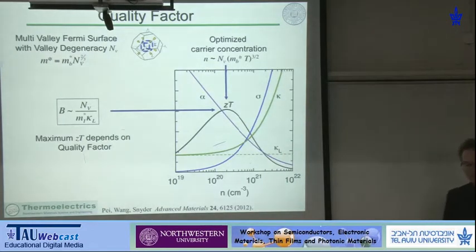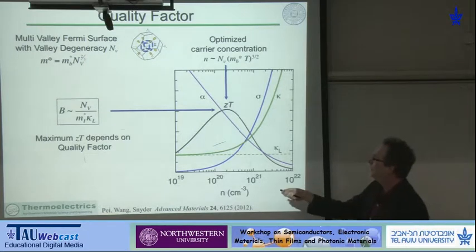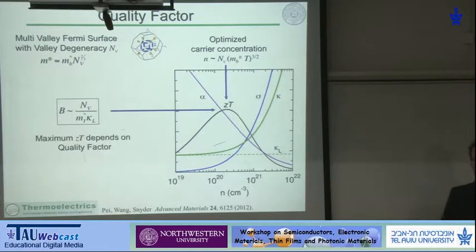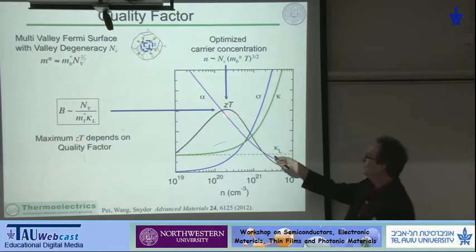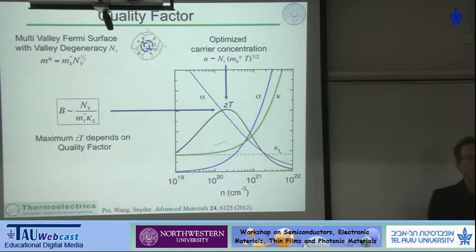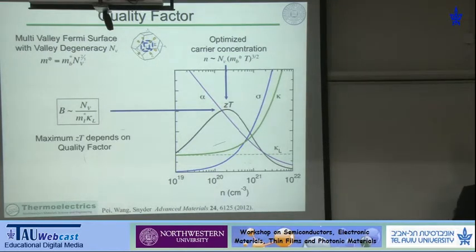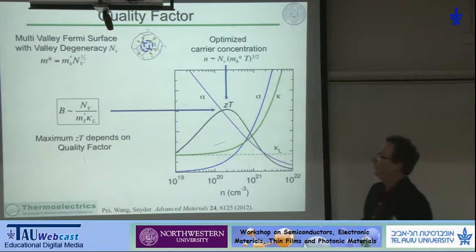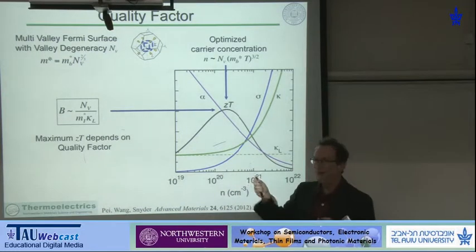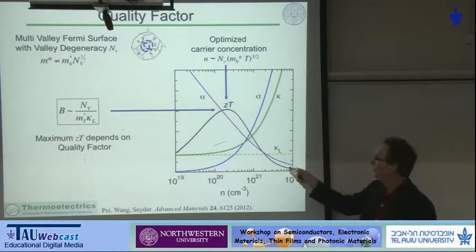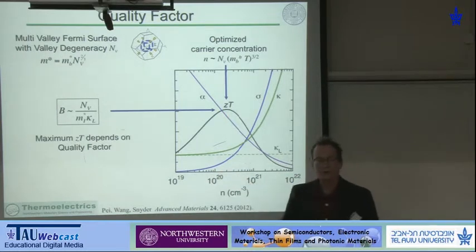Okay, so moving on to optimizing the material now. So we realize we can adjust the carrier concentration with doping. We want to get to this peak ZT value, but now we want to optimize the material. What can we do to get the highest peak value? And that means we need to look at the material properties that determine this peak ZT value, and we call that the quality factor.